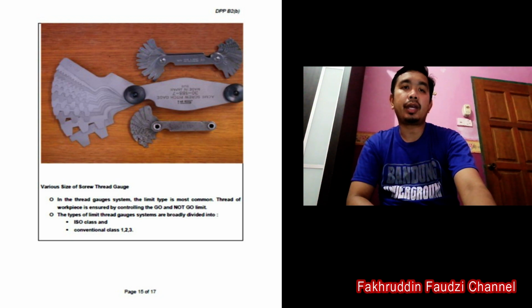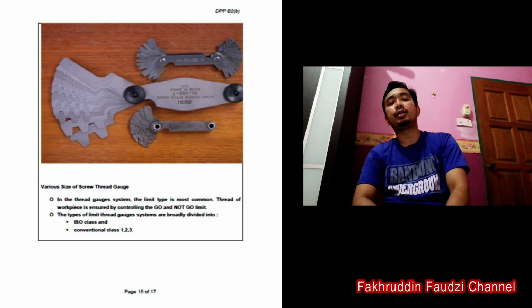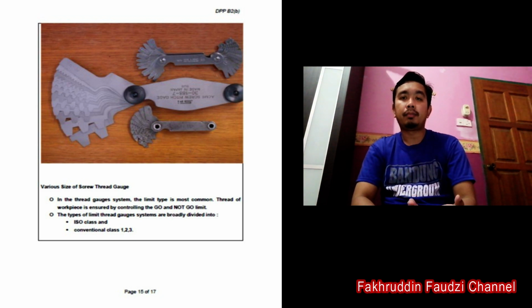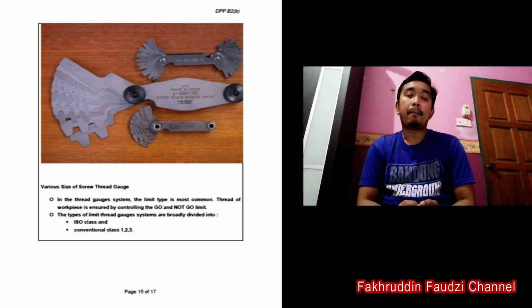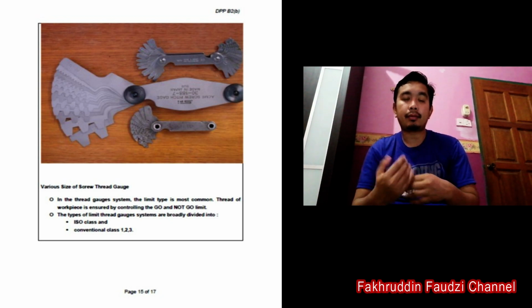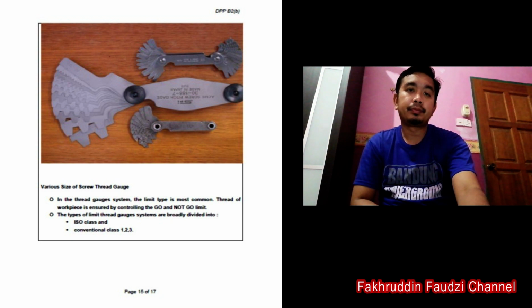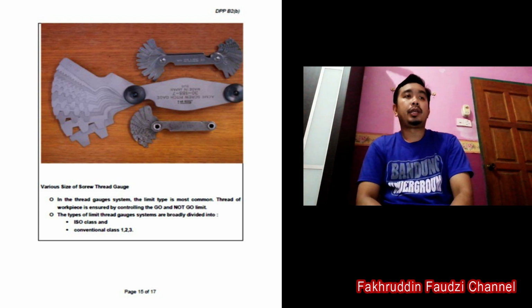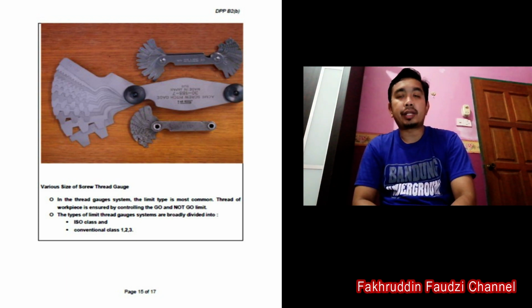Ini adalah gambar rajah screw thread gauge yang ada di pasaran. Jadi kita akan tengok based on dia punya pitch of the setiap thread tu. Based on ni kita akan tengok dia punya size. Okay, so various sizes of the screw thread gauge.